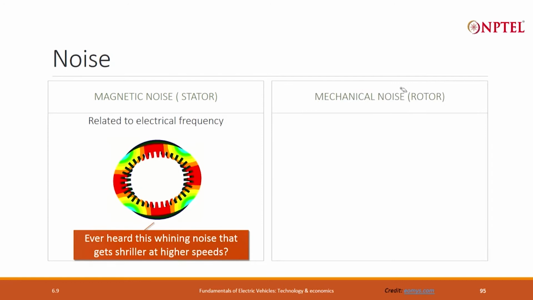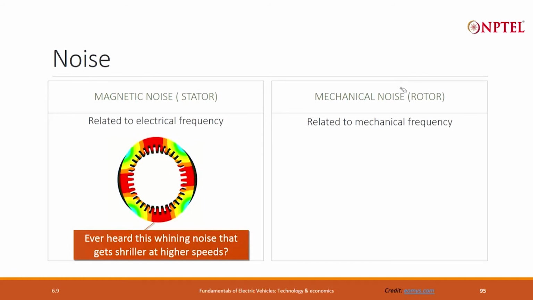There is also another noise which comes from the rotor, which is the mechanically rotating part, and if the rotor is not well balanced, then you get a mechanically induced noise, which is also related to the frequency, the mechanical frequency. And as you know, the electrical frequency and mechanical frequency are related by a ratio which is nothing but the number of pole pairs.